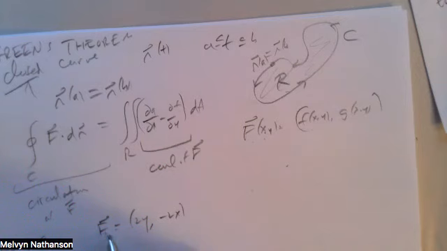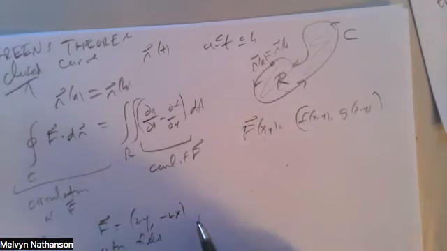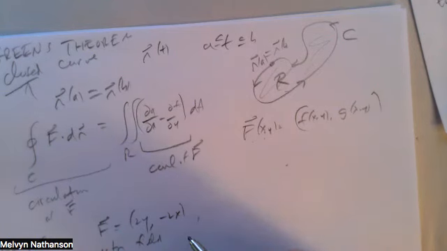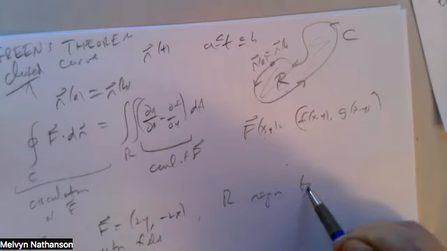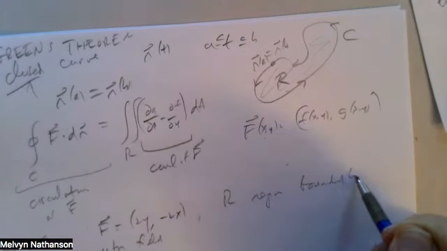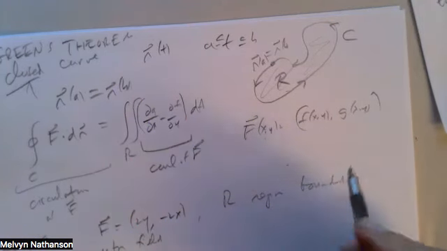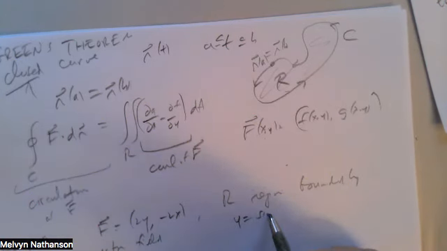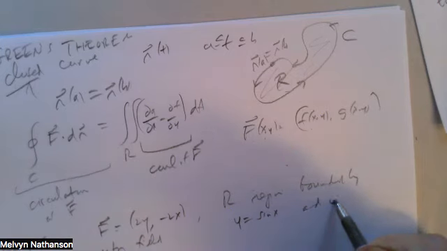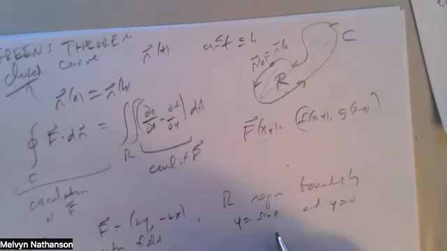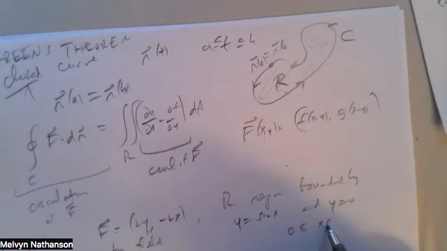So this is my vector field. And I have a region R bounded by y equals the sine of x and y equals 0 for x between 0 and pi.